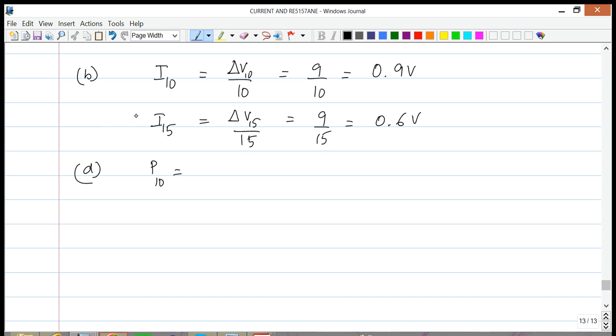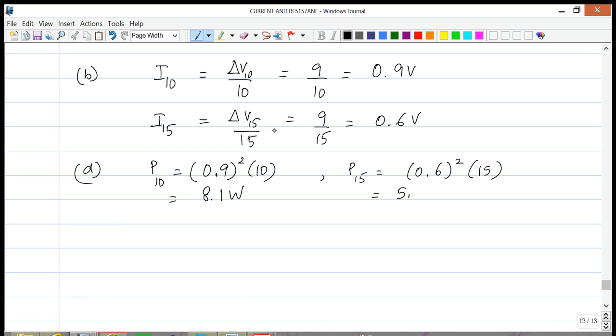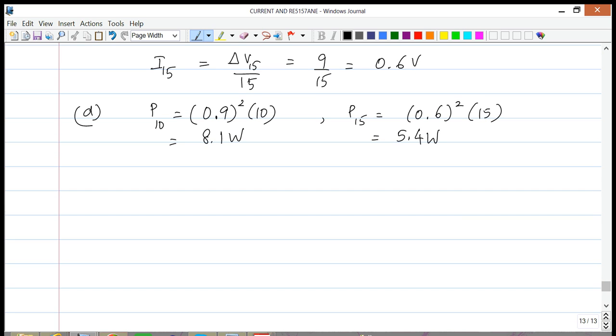We can use I squared R, which gives me 0.9 squared times 10, which is 0.81 times 10, so it is 8.1 watts. And then P15 is equal to 0.6 squared times 15, which is equal to 5.4 watts. Great, so now we have all the stuff.